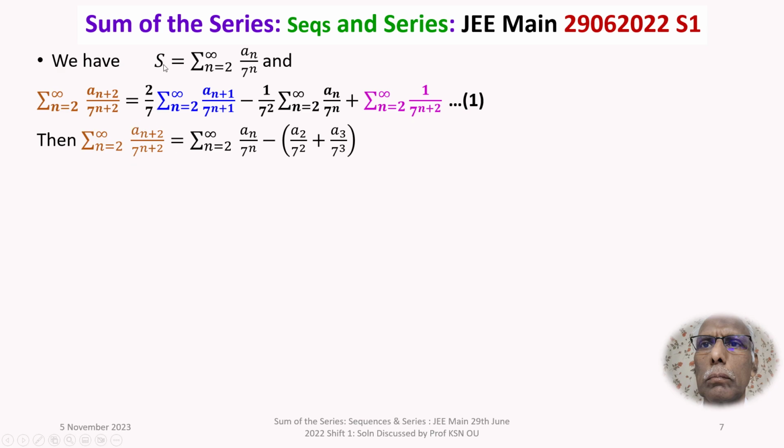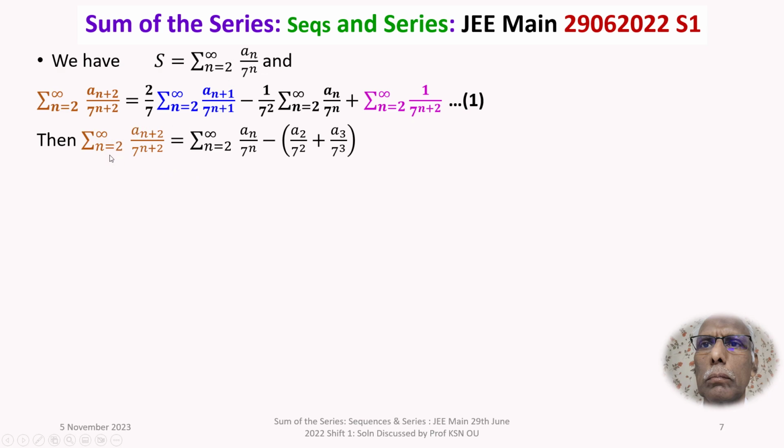But our S is sigma n equal to 2 to infinity, which means it starts from 2 onwards. So in this, the second term and the third term are missing. So if I write S, that means from this S, if you subtract the first two terms, then you will get this.